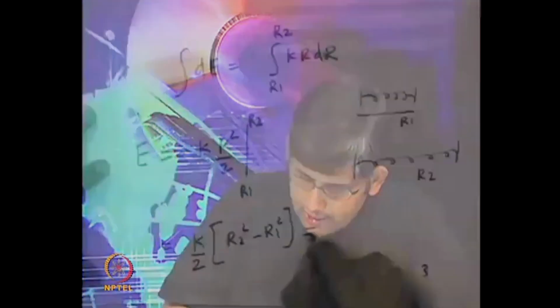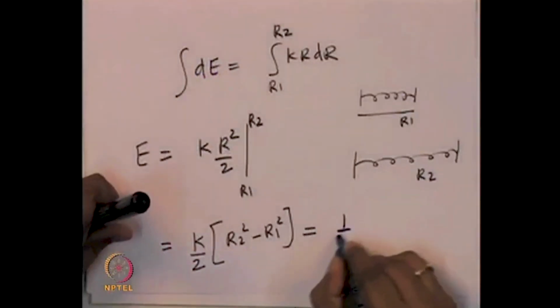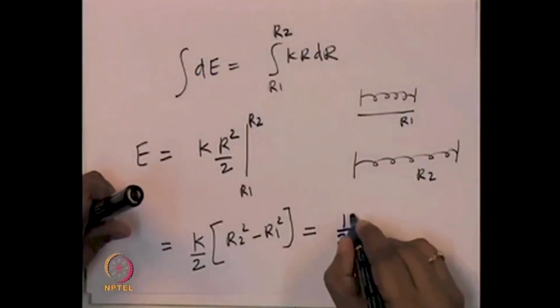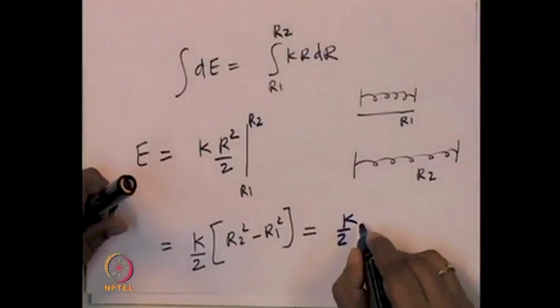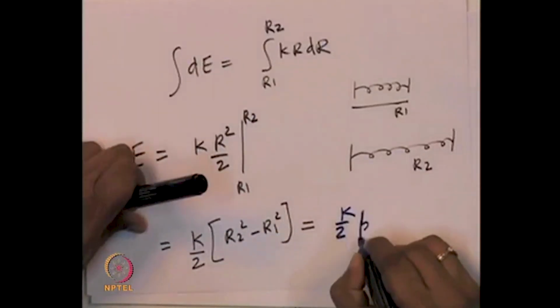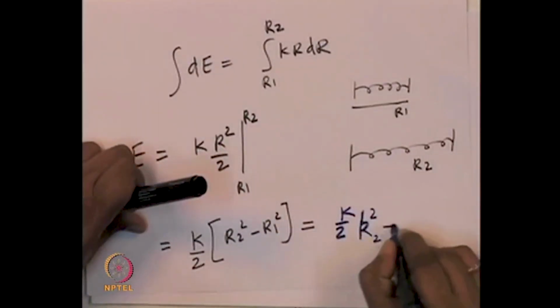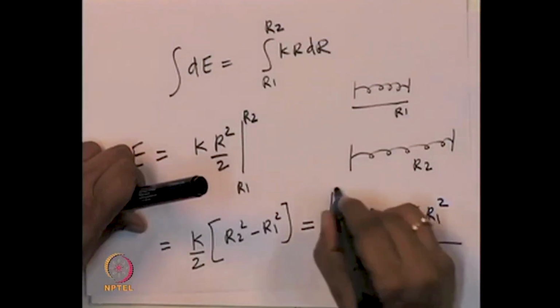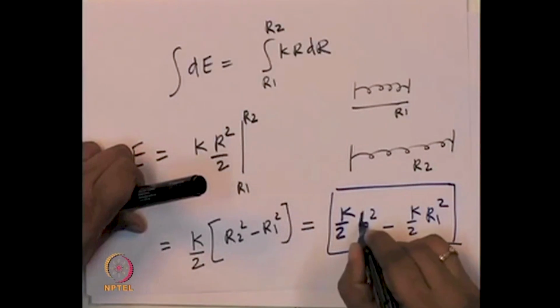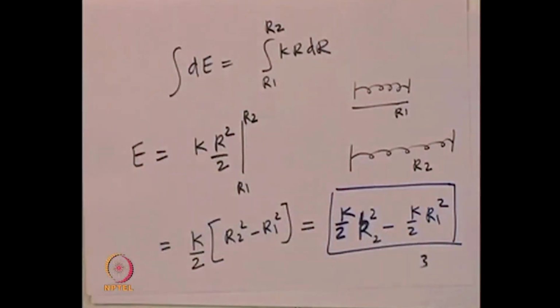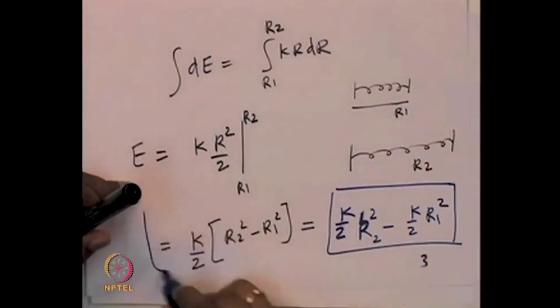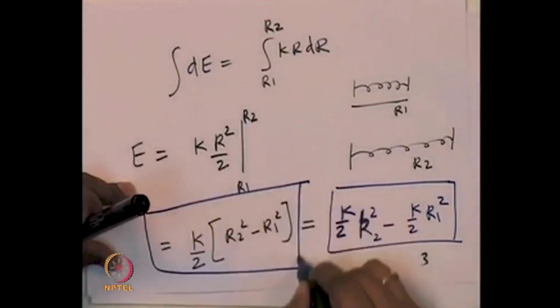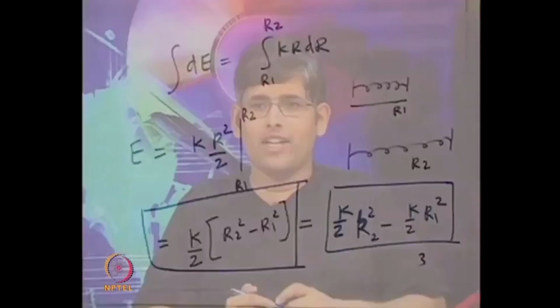This can be written as k by 2 r2 square minus k by 2 r1 square. So, this is exactly the same as that. This is basically the energy needed to pull a spring from r1 to r2.